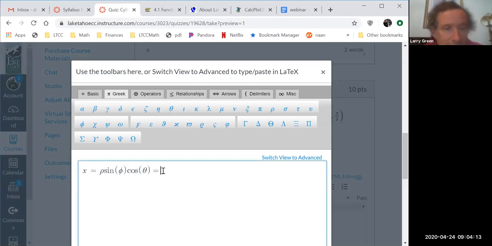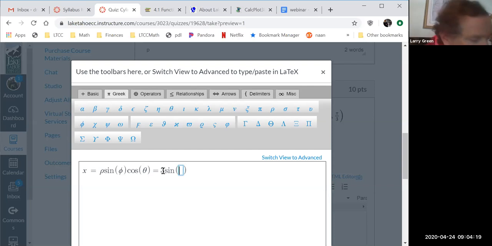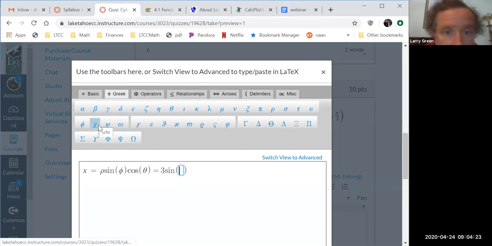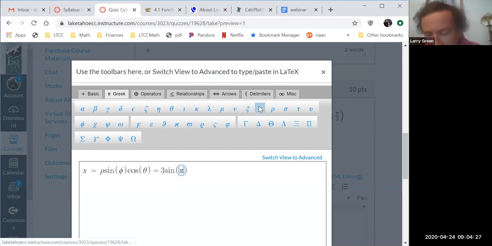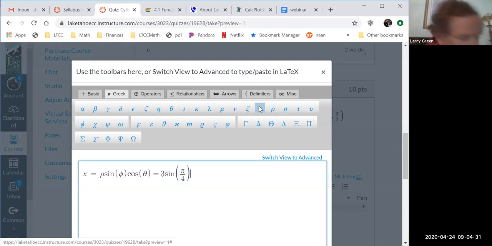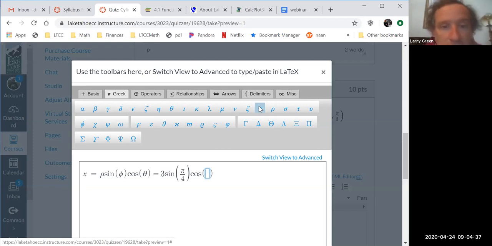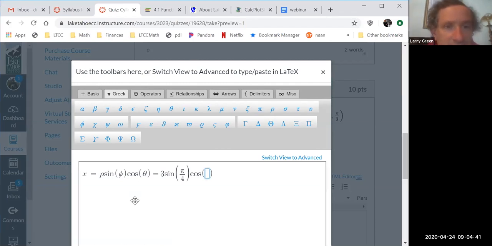And now we just plug in. Rho was 3. Sine of pi over 4, there's pi, and cosine of theta was pi over 3. Let me double check if that's actually what it was.